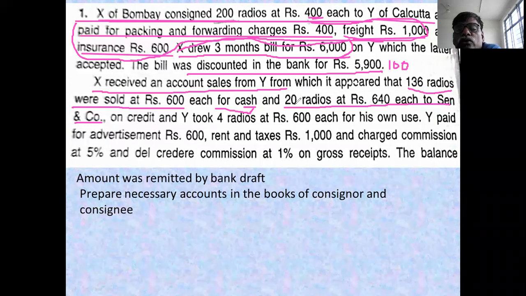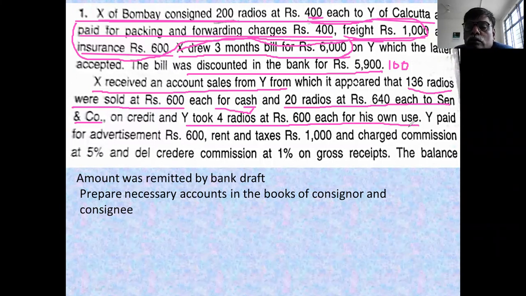How many total radios sold? And Y took 4 radios at 600 each for his own use. Y purchased 4 radios. This is totally regarding sales.